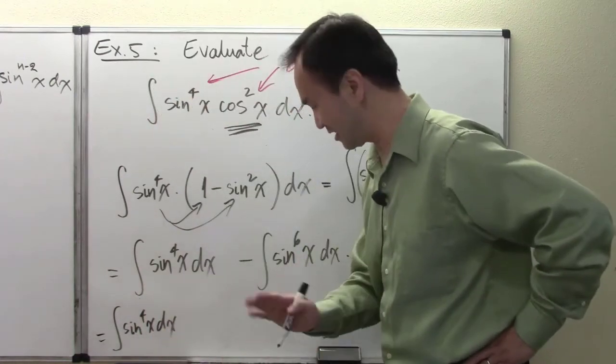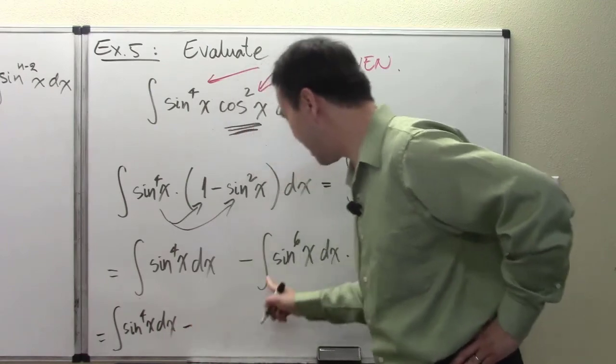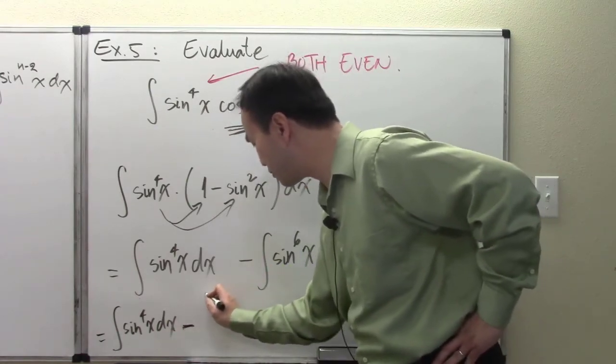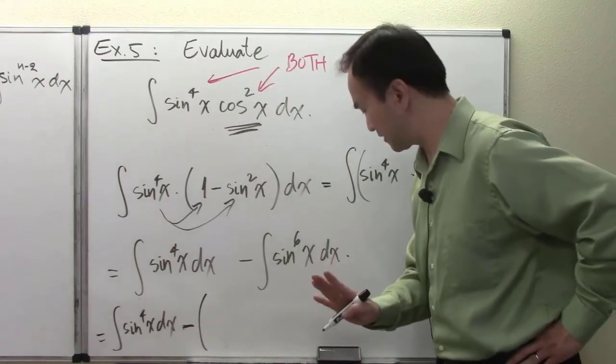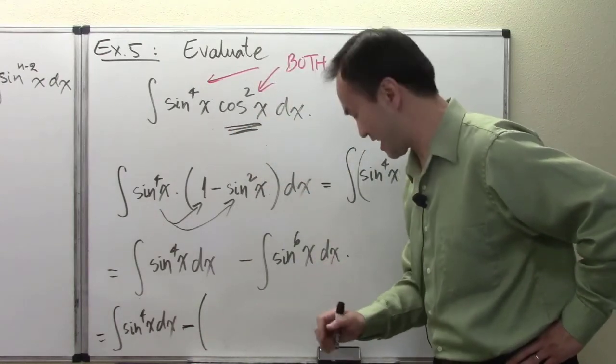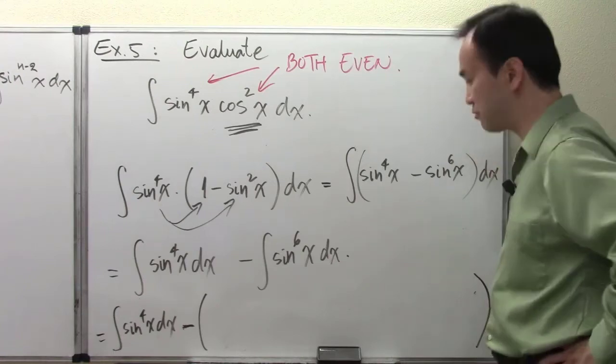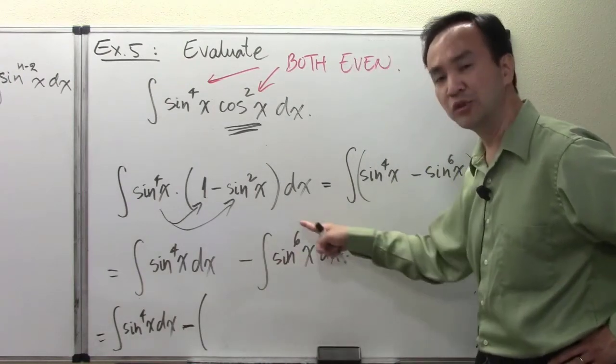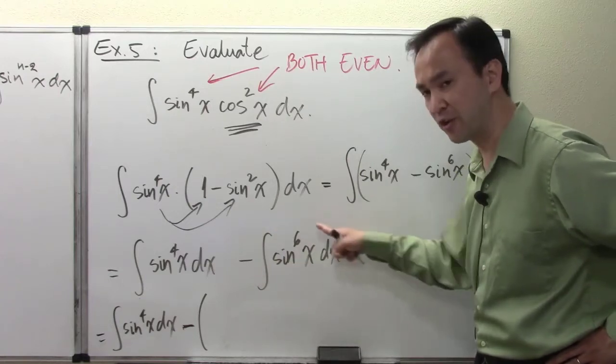You will understand that later. Minus, and be careful with the sign right here, it's minus. For safety of the work, I am going to produce a pair of parentheses to contain whatever comes out due to the reduction formula on this separate integral.